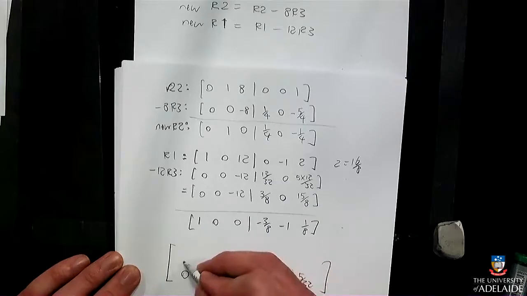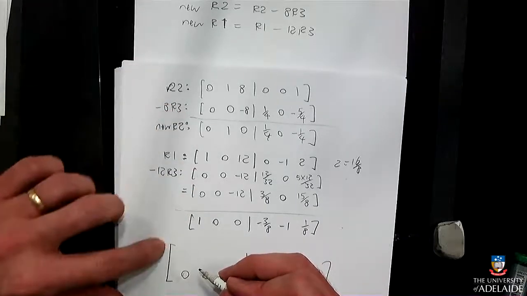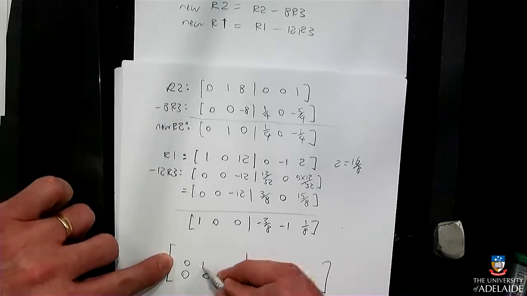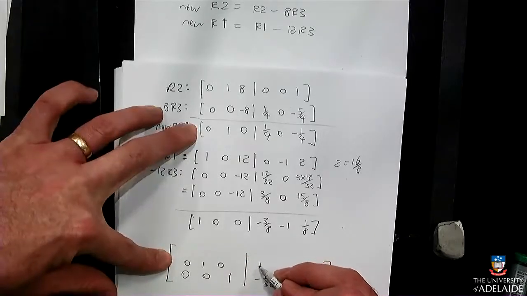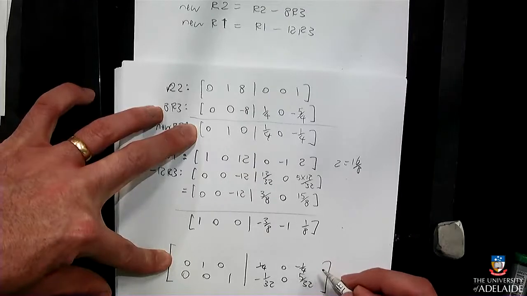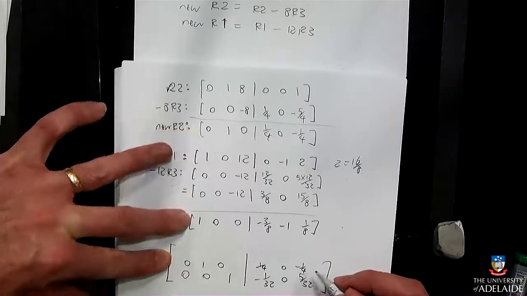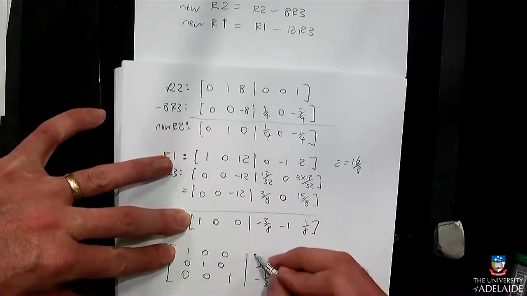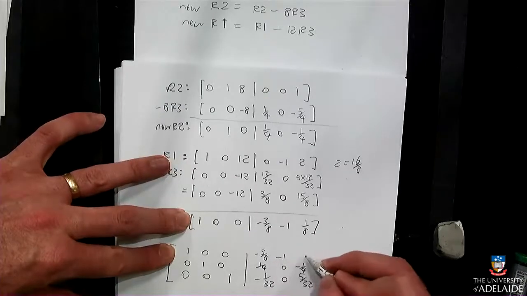And I changed row 2 to 0, 1, 0, 1 quarter, 0, minus 1 quarter. And I changed row 1 to 1, 0, 0, minus 3/8, minus 1, 1/8.